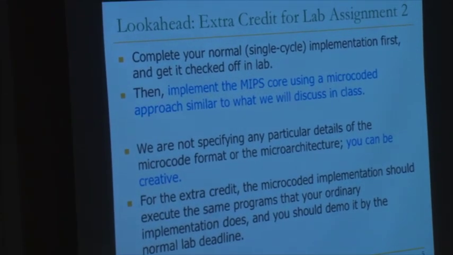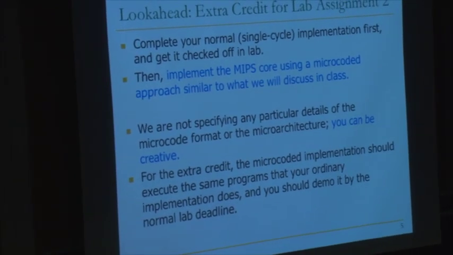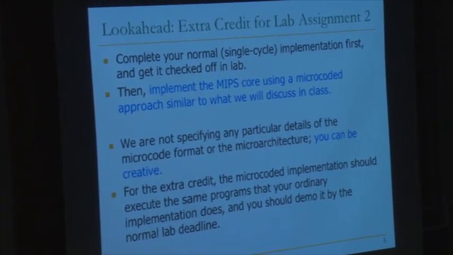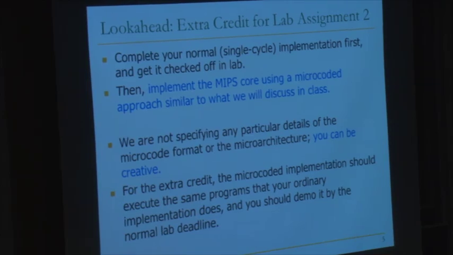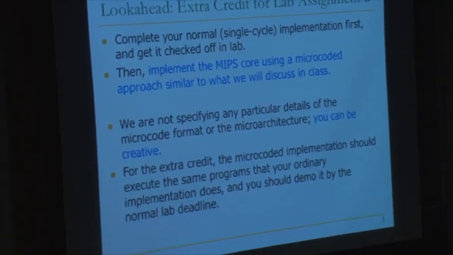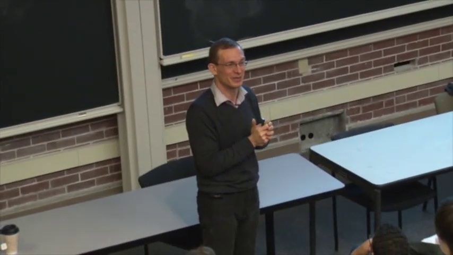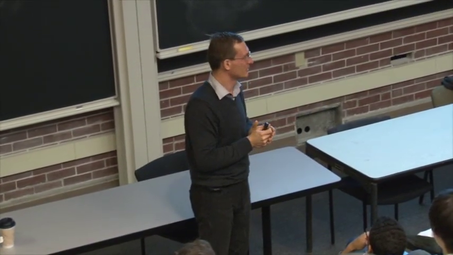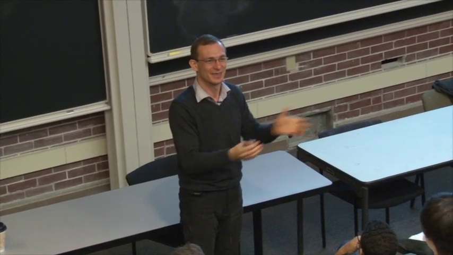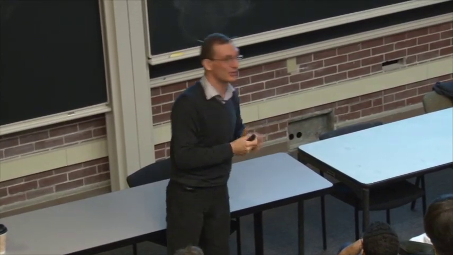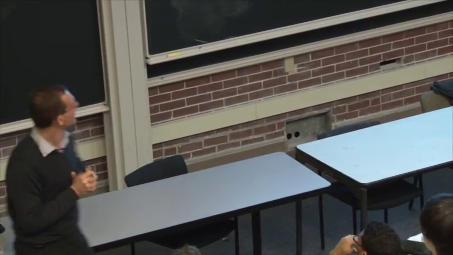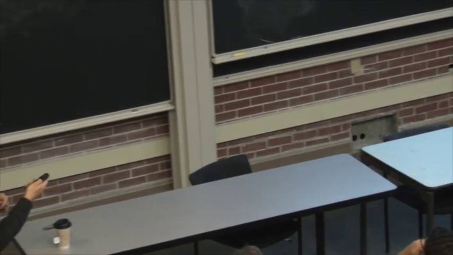If you want to attempt this, we'll give partial credit on extra credit too. So even if your microcode implementation doesn't fully work, I encourage you to attempt the extra credit if you find the single cycle implementation too easy, or if you figure out that you're already done with it within a week or so, which could be true. But this will require a lot of debugging.